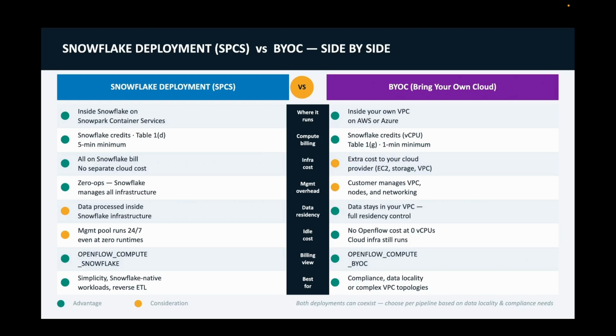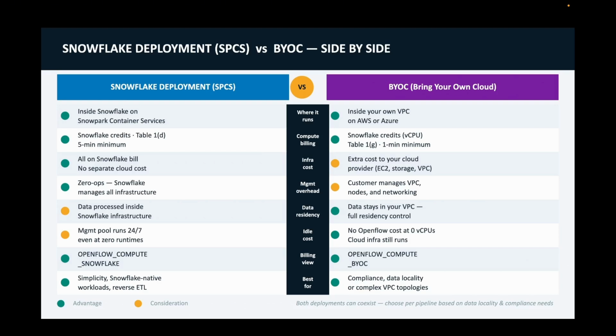Compute billing. You have 5-minute minimum billing in Openflow in the SPCS environment, whereas in bring your own cloud, it is based on your cloud provider's credit consumption and the VPC. I believe it is 1 minute minimum. Infrastructure cost. It is all on the Snowflake bill, so no separate cloud cost.